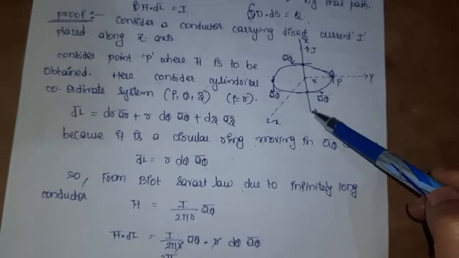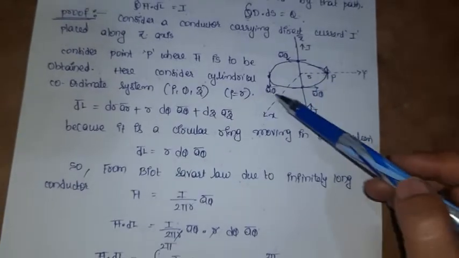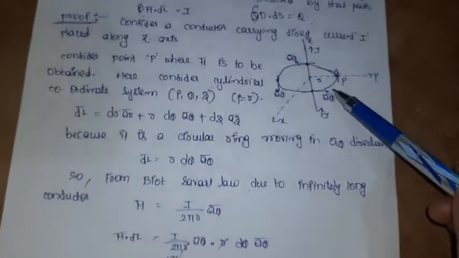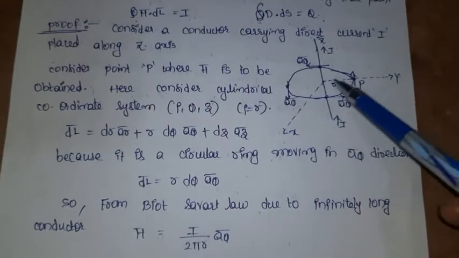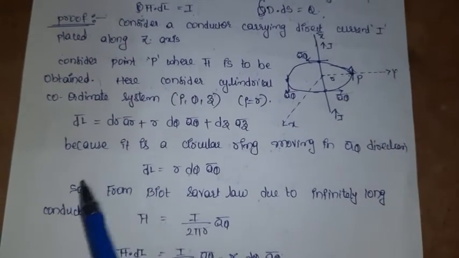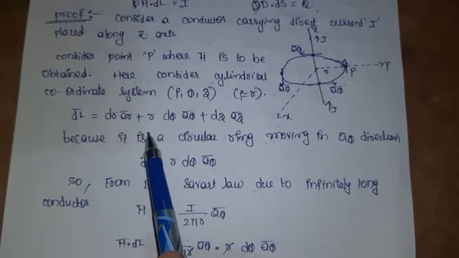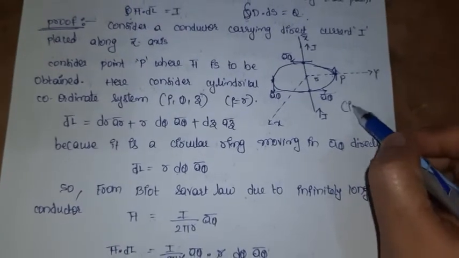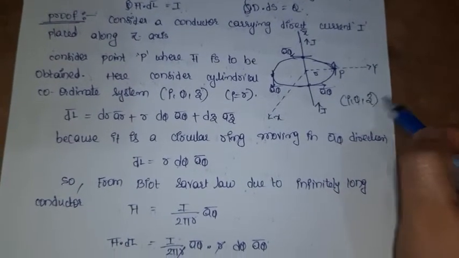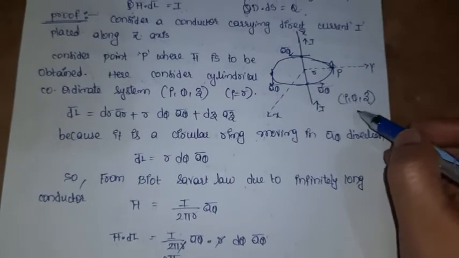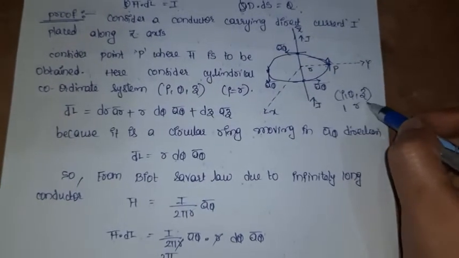Here we have to consider the cylindrical coordinate system because we have rho, phi, z. For the cylindrical coordinate system, the coordinates are rho, phi, z and the scaling factors are 1, rho, 1.